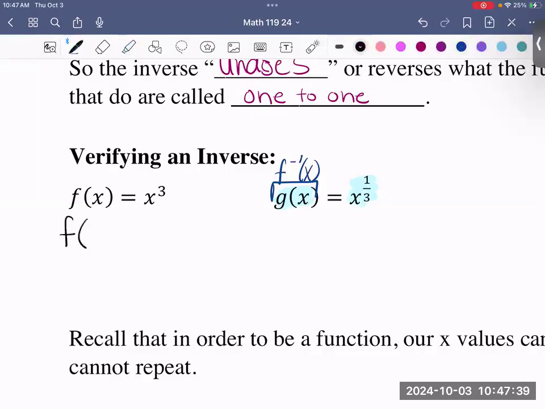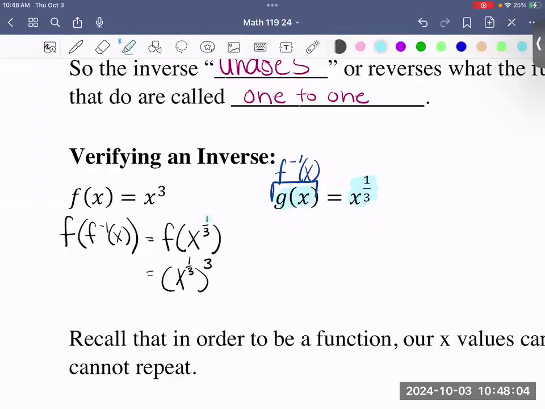So f of g of x, or my f inverse of x, is equal to f, and I'm going to plug in x to the 1/3 into my x. We're going to leave space for where your x is, and we're going to cube it. So again, we insert x to the 1/3 inside, and then evaluate.